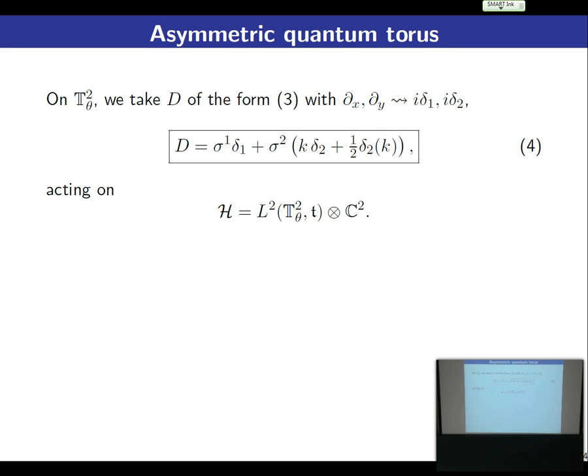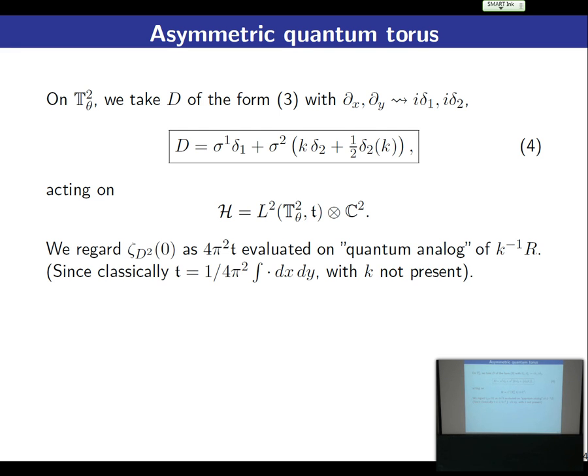The Dirac operator looks like that. So this is my non-commutative Dirac operator, and it acts on the Hilbert space of square integrable elements, the completion of the Schwartz functions, with the scalar product defined by the trace.